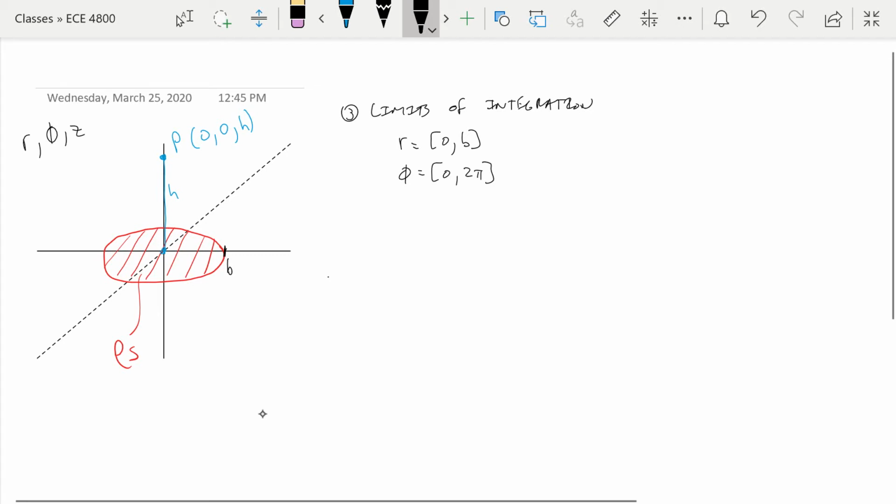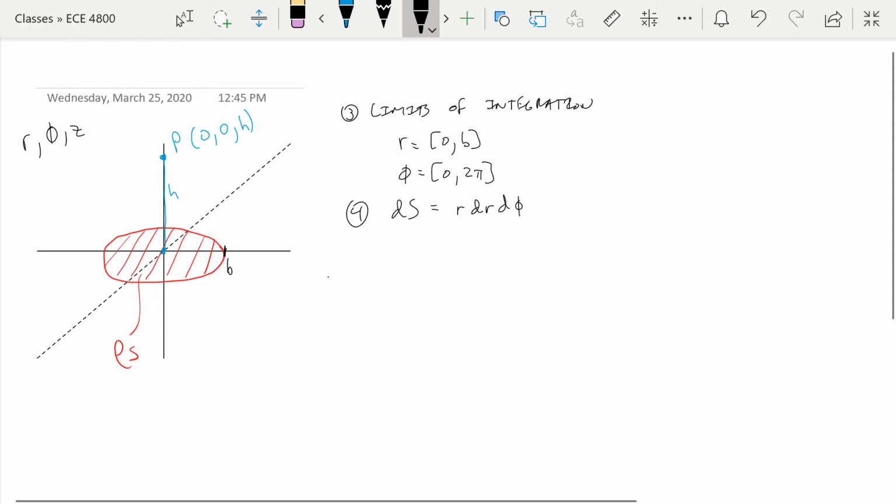Okay. Next step is to find ds. And ds, we are in a cylindrical coordinate system, so ds is equal to r dr d phi.